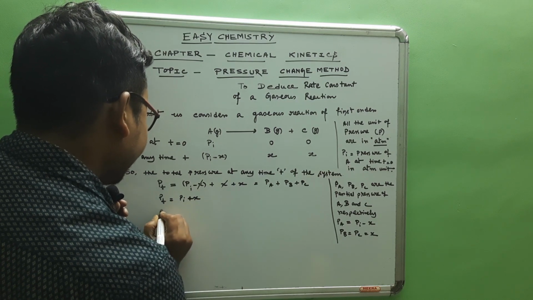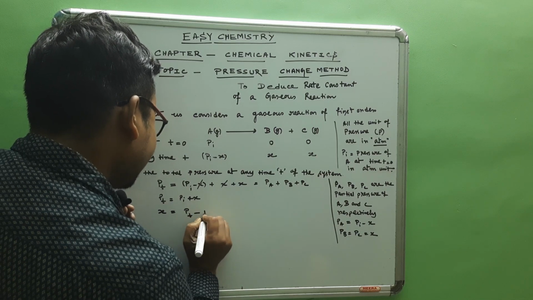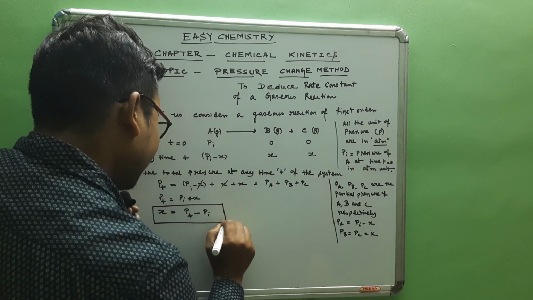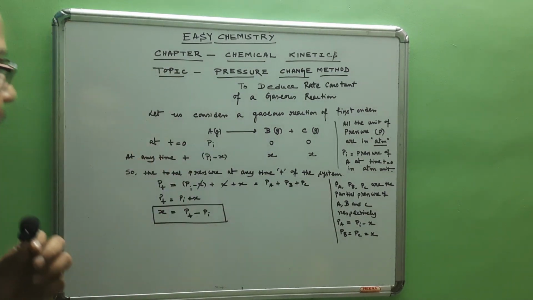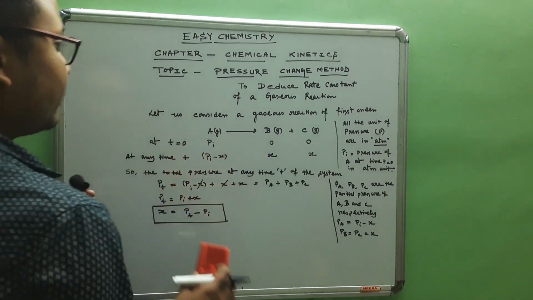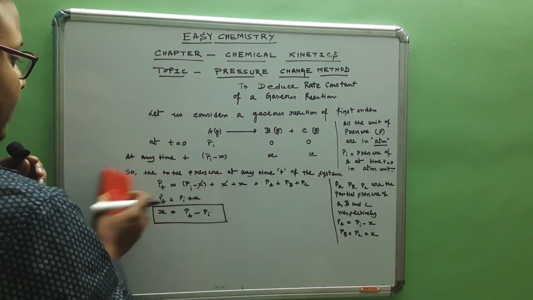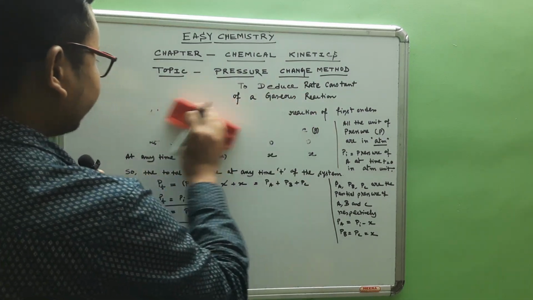And what will be the value of x? So x equals Pt minus Pi. This is the value of x, that is Pt minus Pi. Okay, so now I'm going to remove this section.